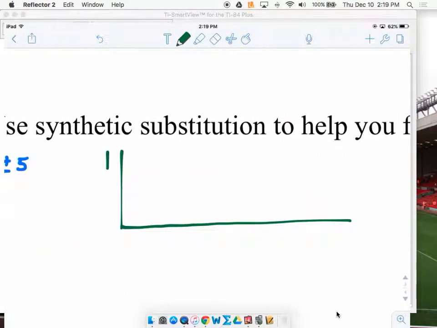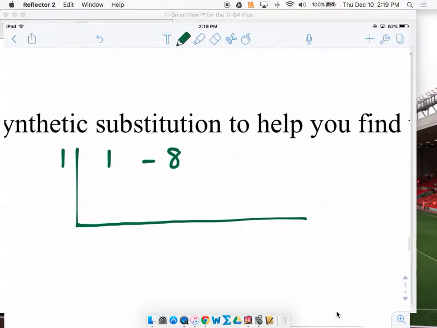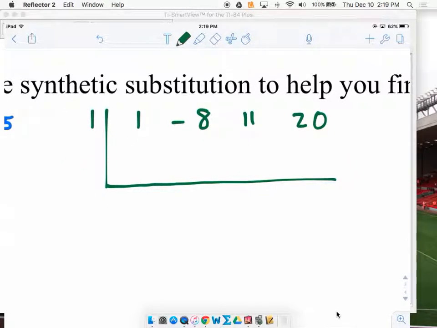So my coefficients are 1, negative 8, 11, and 20. All right, so I bring down the 1. 1 times 1 is 1. Negative 8 plus 1 is negative 7. Negative 7, 4, 4, 24.